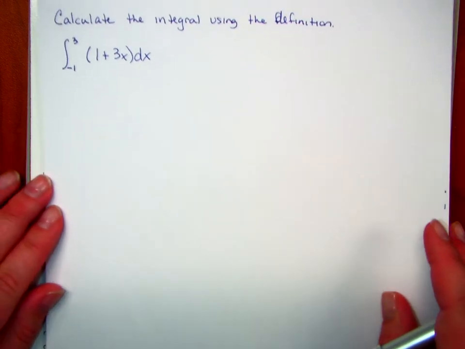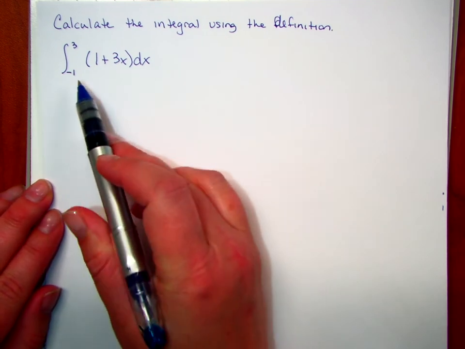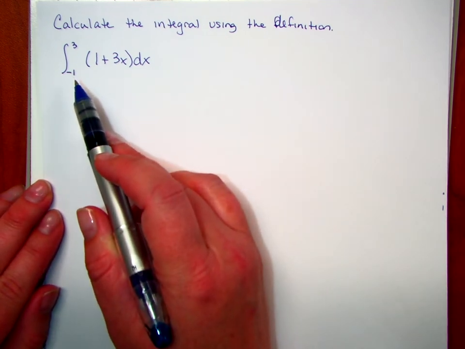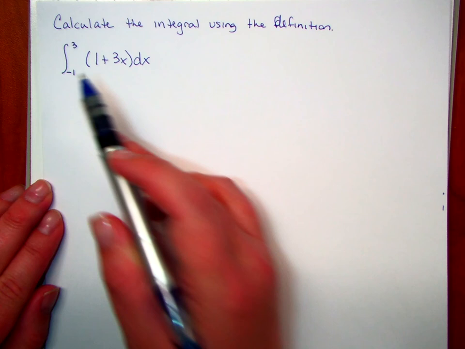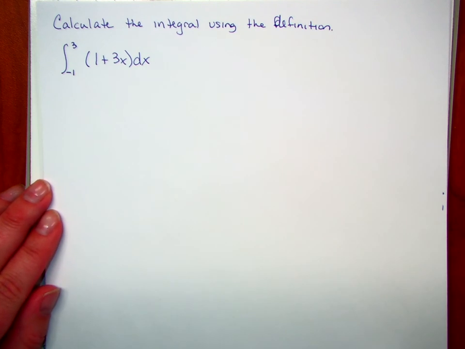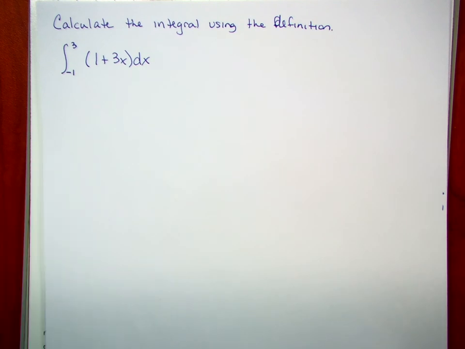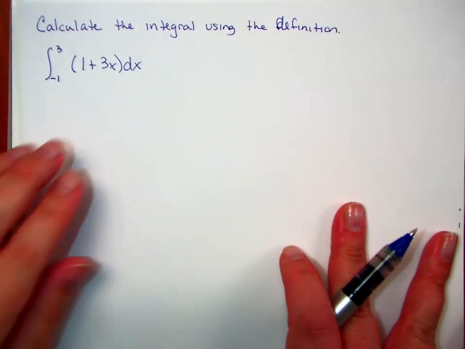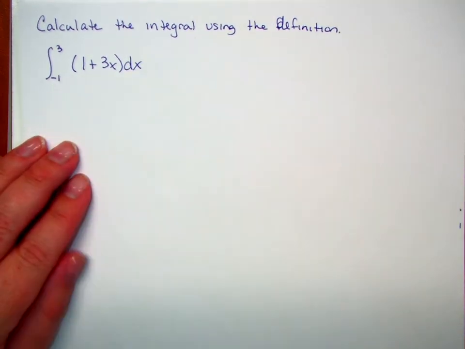Now, the ones that are harder are the ones that don't start at 0, because it makes the FOILing process just a little bit more detailed. So I went to Pascal's triangle when I multiplied it out. But the process is still the same. So I'm trying to work as many integrals where the lower bound isn't 0 as possible.